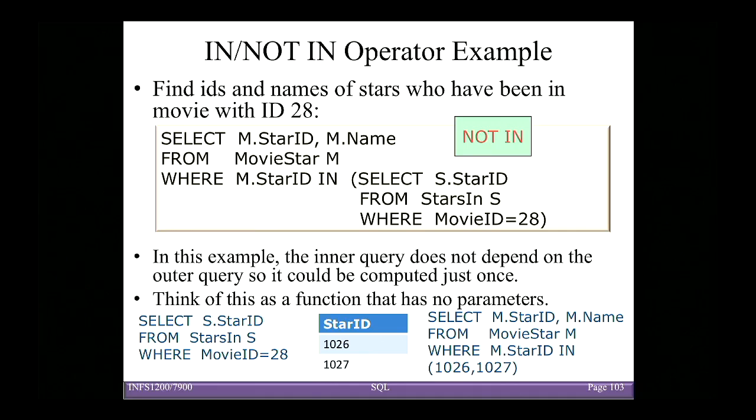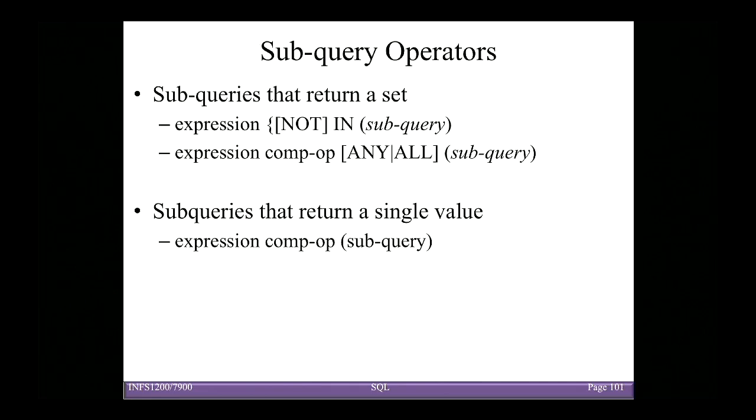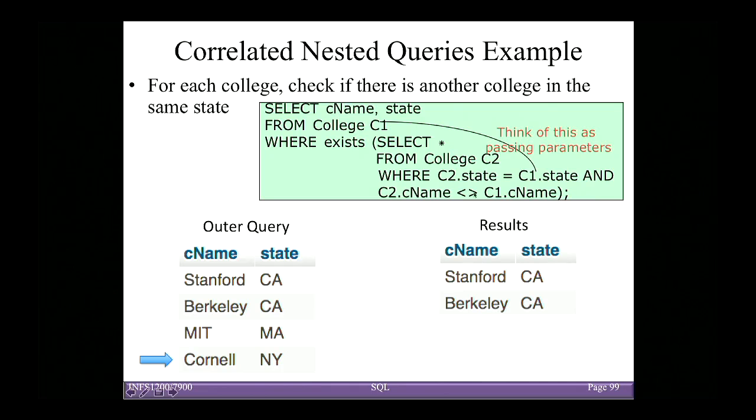So when you've got correlation, you're going to have a table or an alias here, like C1, that was introduced in your outer query, not here. That's what's making it correlated, right?